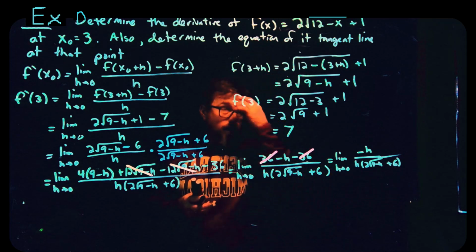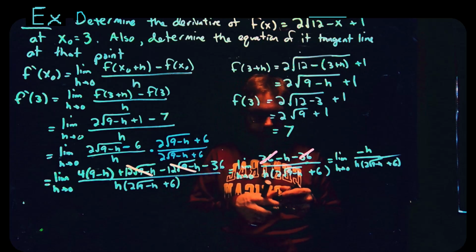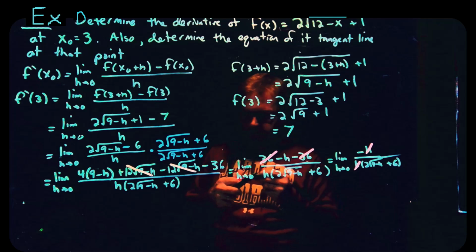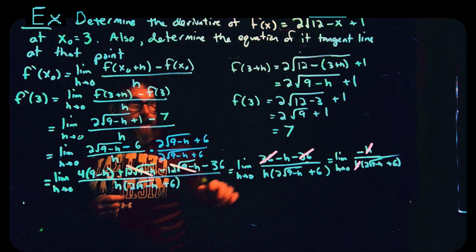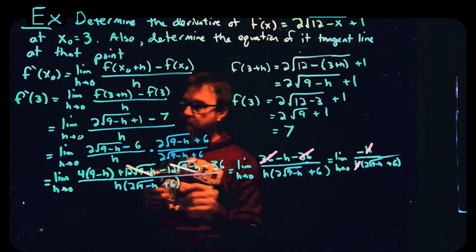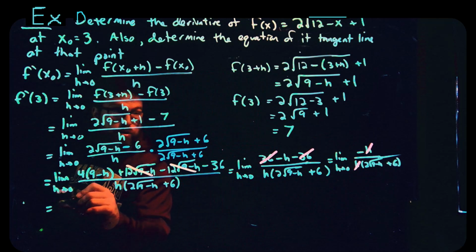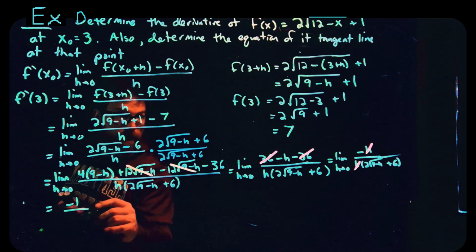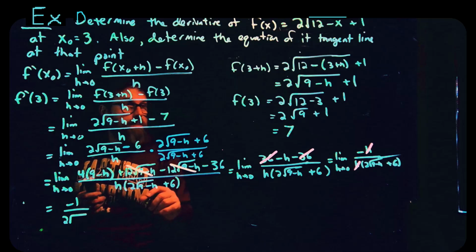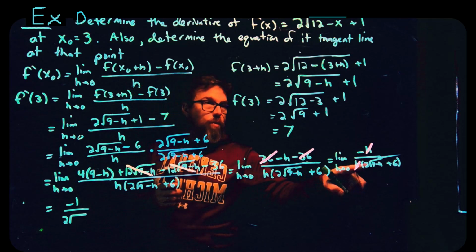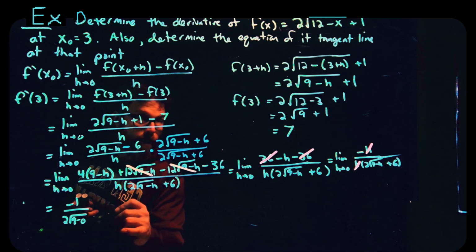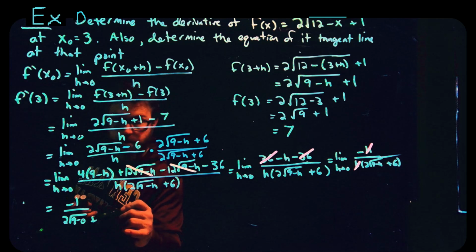And now what we can see is those h's will cancel. So we'll have a negative 1 in the numerator. And notice that this thing is now defined at h equal to 0, so we will plug that in. So this is going to be equal to minus 1, evaluated at 0, is going to be 2 times the square root of 9 minus 0, and then we're going to have plus 6.